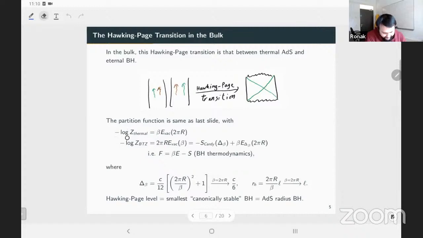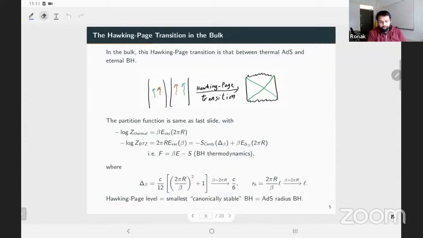So the thermal AdS saddle, of course, gives a contribution which is beta times E_vac of 2 pi r, which is the vacuum propagating in the direct channel. And the BTZ saddle, so this is a BTZ black hole, looks like the vacuum propagating in the cross channel, which can also be written in the thermodynamic form as minus the Cardy entropy at some conformal dimension delta, plus some excited state propagating along the beta channel.